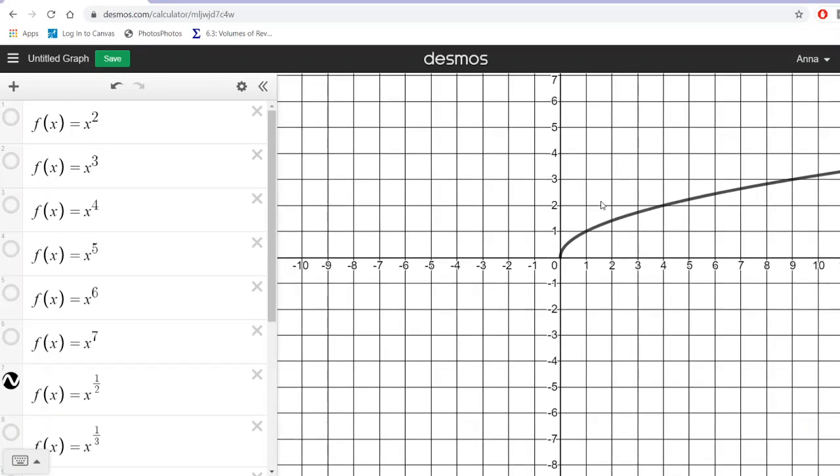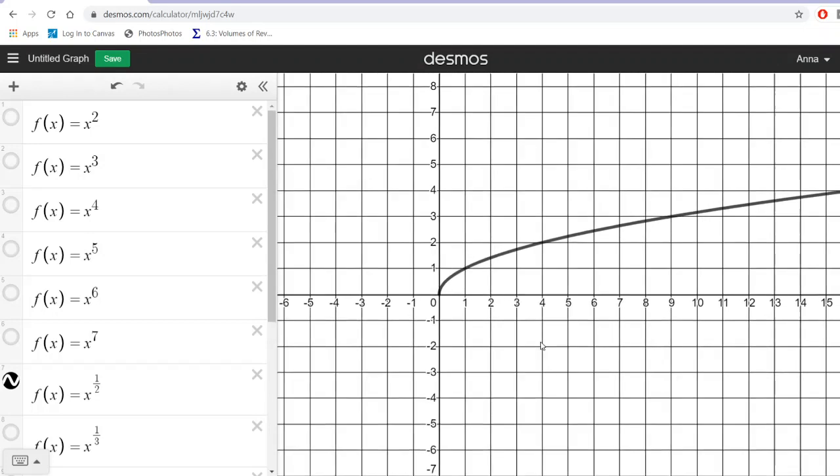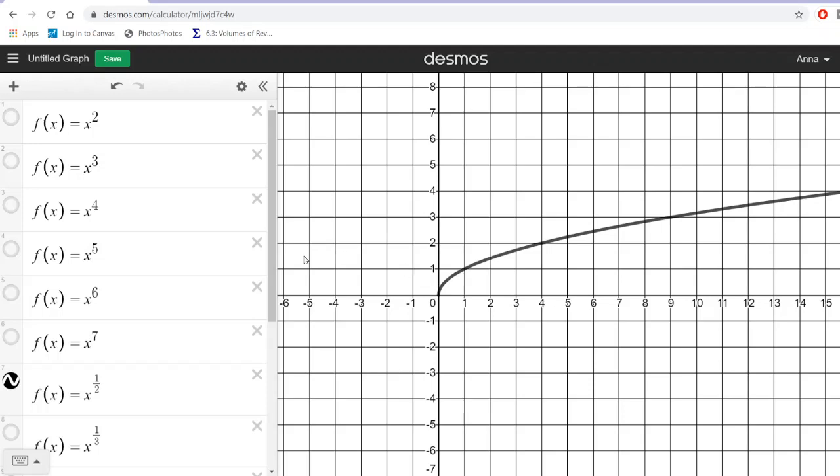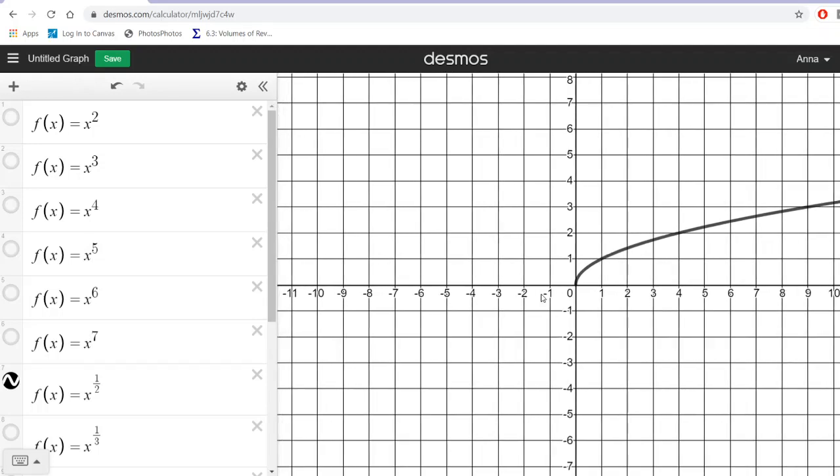The other thing I want you to notice is that there are no negative numbers included as your x values on this graph. So why is that? Why don't we have any negative inputs? Well, for a square root function, we know that you can't take the square root of a negative number, right? So it doesn't make sense that you could have a negative input. So for example, if you tried to make your input -4, that would mean you'd be taking the square root of -4, and that is undefined.